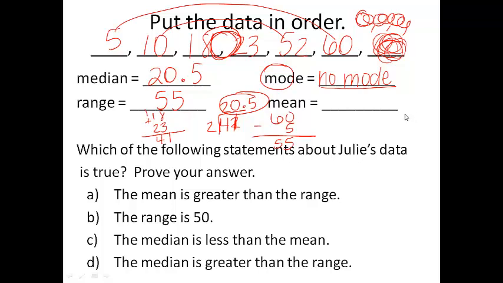Now the mean. We have to add up all these numbers. So we have to add up 5, 10, 18, 23, 52, 60. Now I want you to pause it and add these up real fast. You should have got 168.